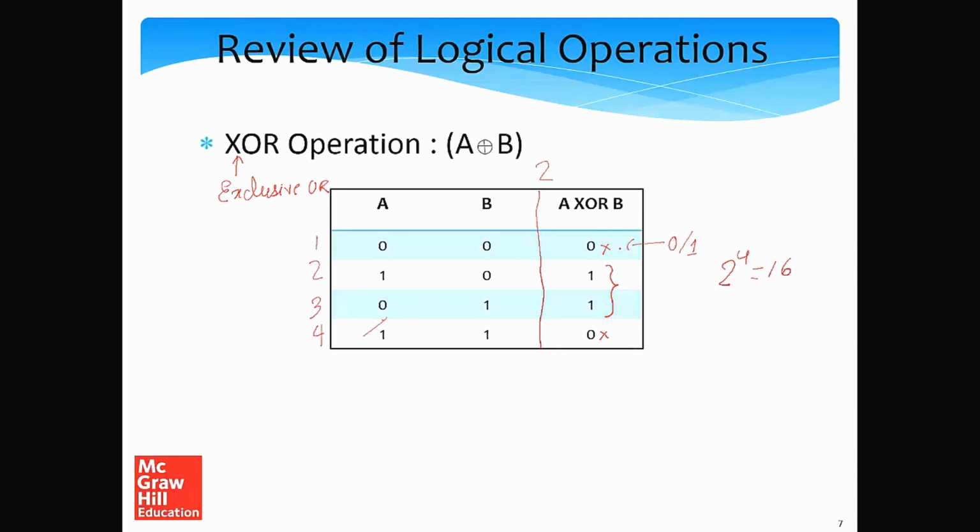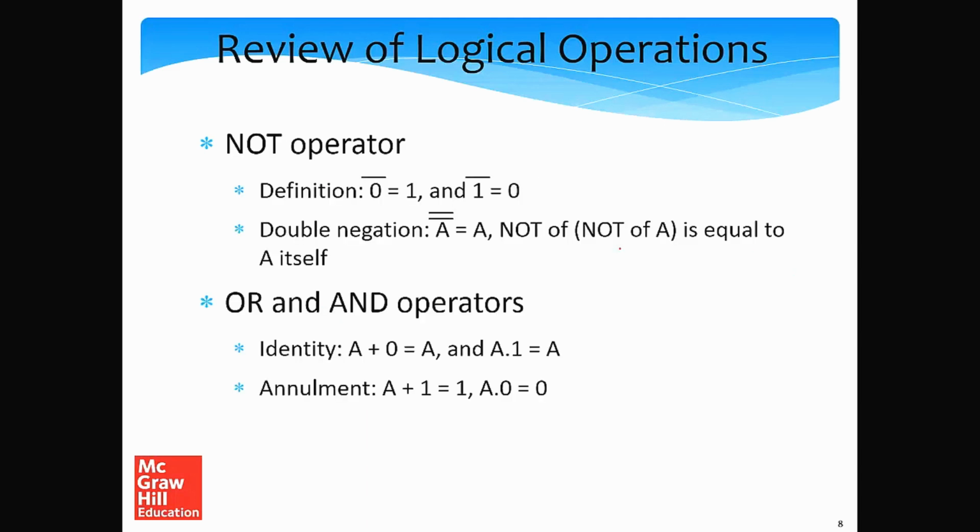So this is one more kind of function as we have seen. Just to make a review, we saw the basic NOT operator. NOT is also called the complement operator. What this does is that given a Boolean variable, you just place a bar on top of it.